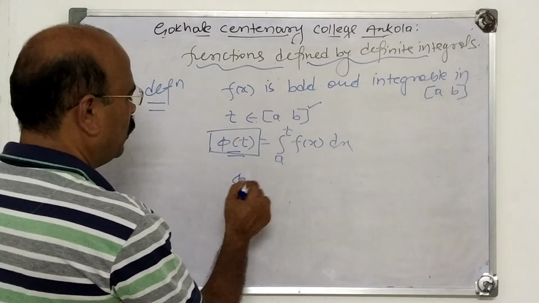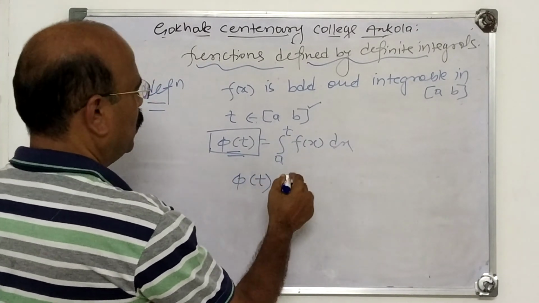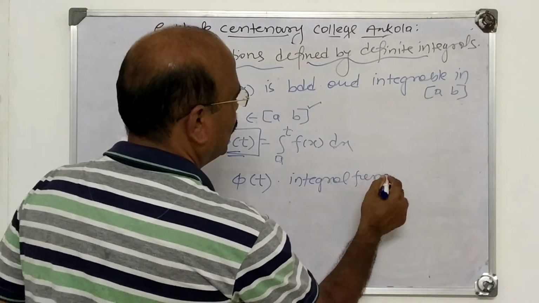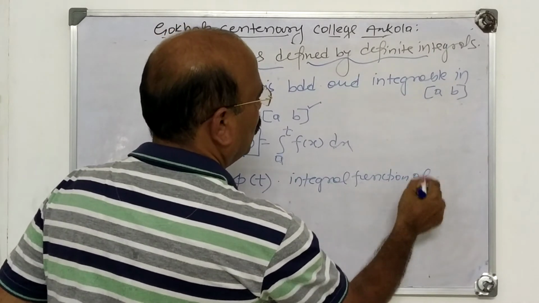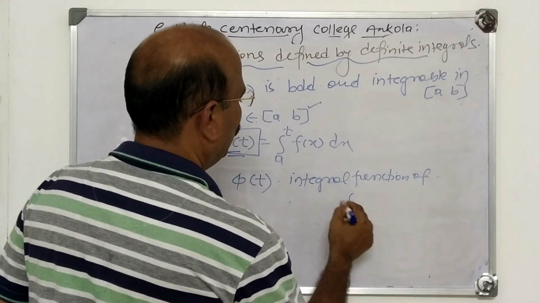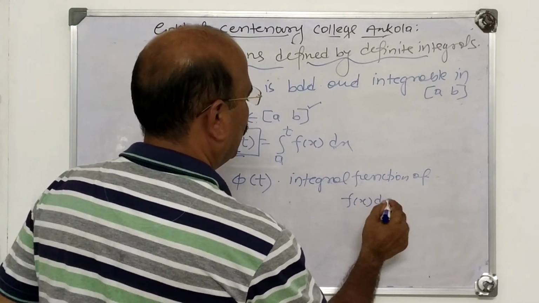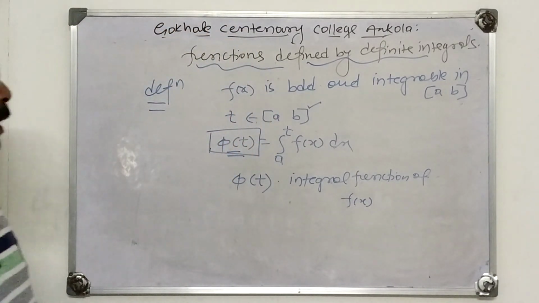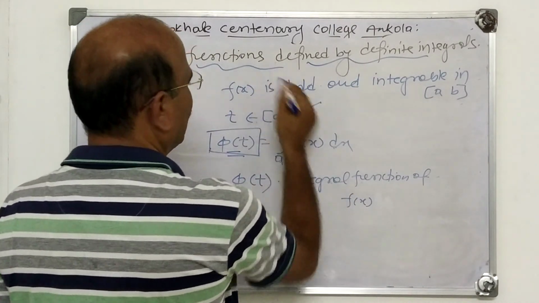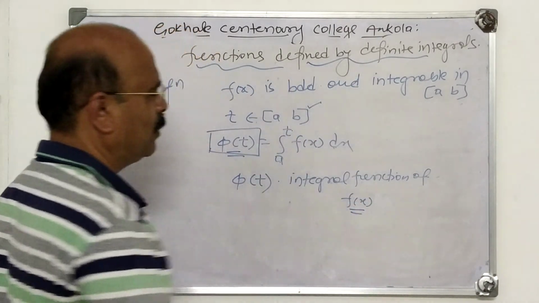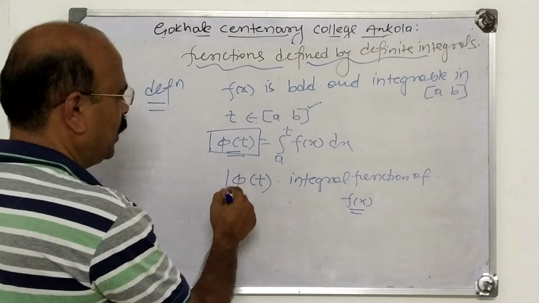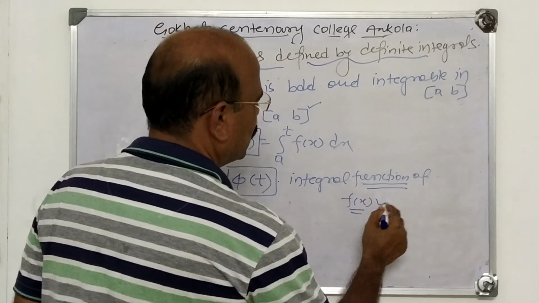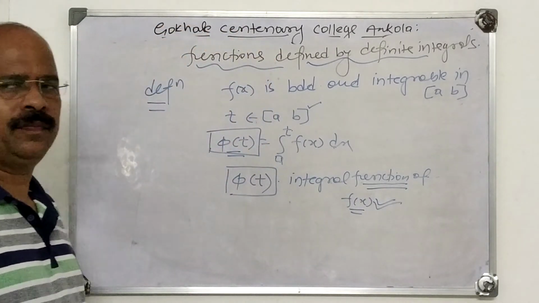And this φ(t) is called the integral function of f(x). f(x) is an integrable function here. φ(t) is called the integral function of this integrable function.